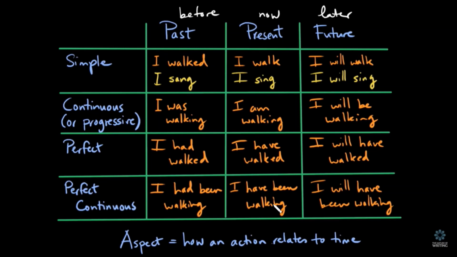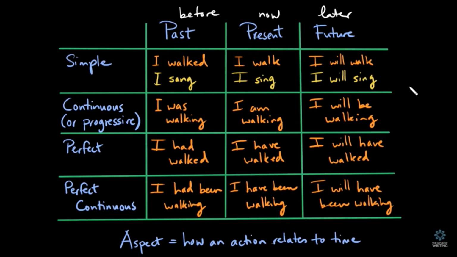I've given you a regular verb here, I walk, and all the orange ones are related to this verb. But I also indicated that these are irregular verbs as well. Those change in different ways. So, I sang, for instance, is the past tense of I sing.